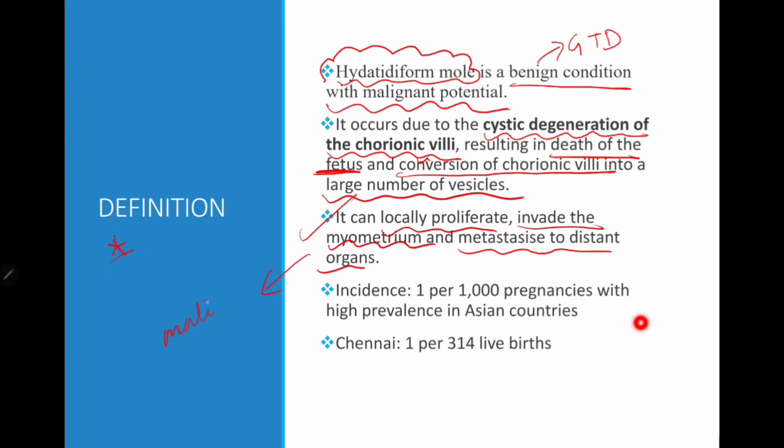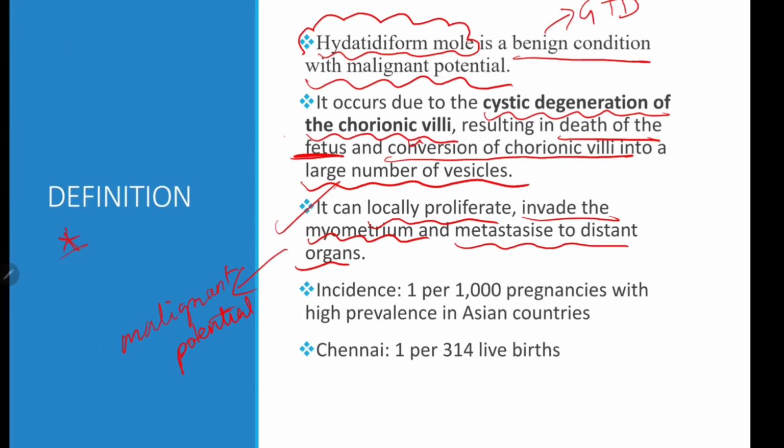If you look, the incidence of hydatidiform mole is 1 per 1000 pregnancies with high prevalence in Asian countries. All this data is not very important, but you need to remember the cause behind hydatidiform mole, and you need to know its malignant potential.